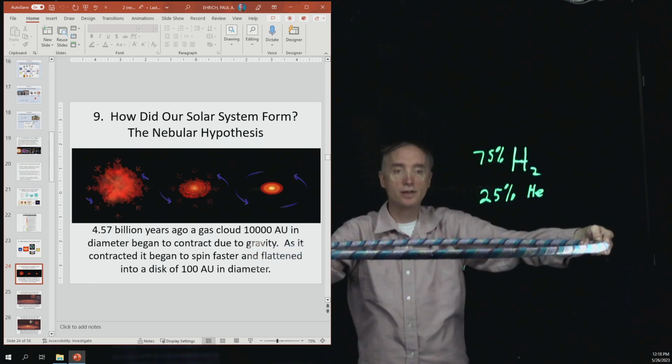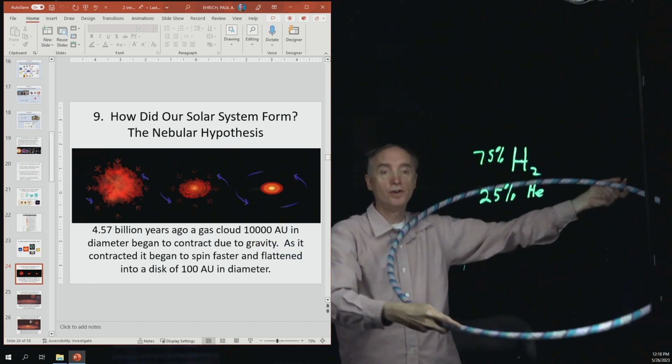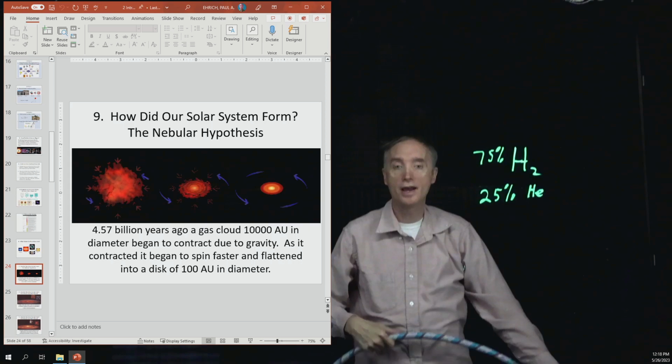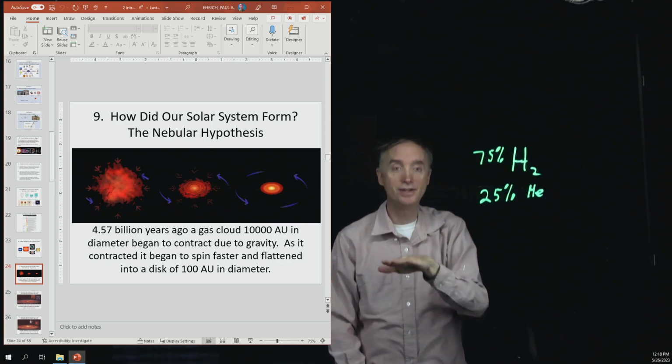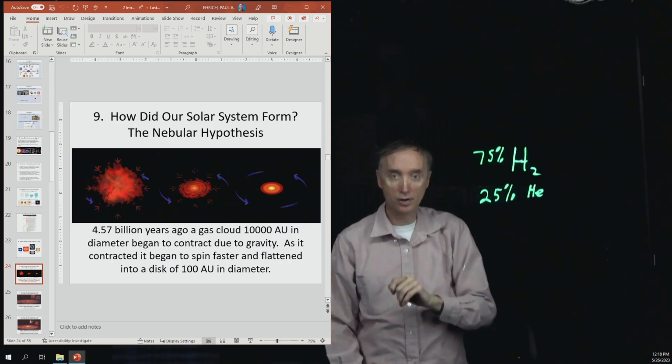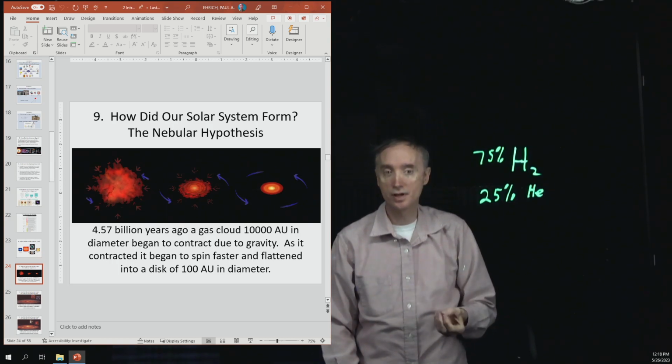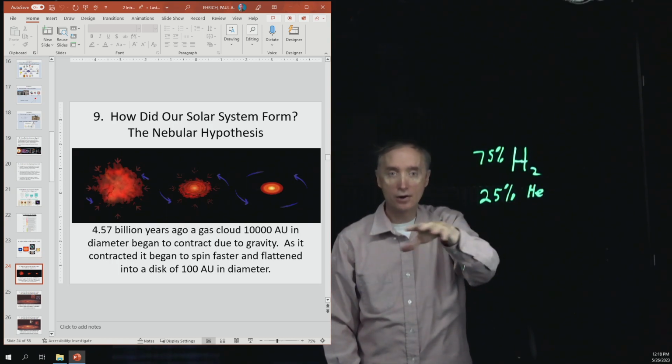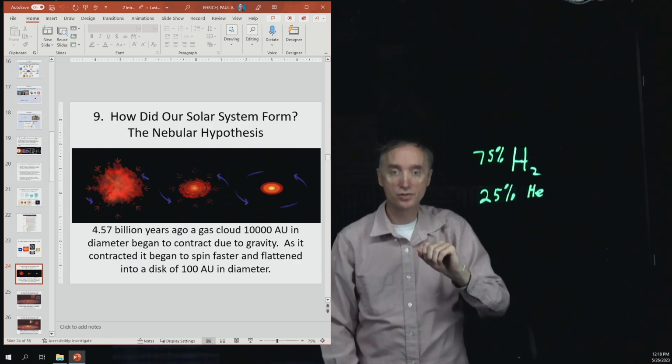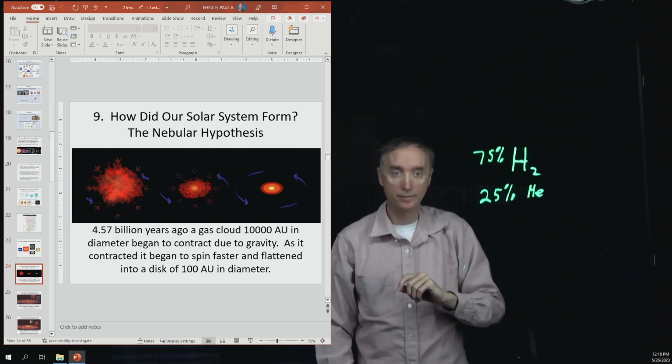And so you can see that they start out being a spherical cloud, but now they're starting to become a disk. Now the middle part of the disk is where the sun is going to be. The outer part of that disk is where the solar system is going to be.